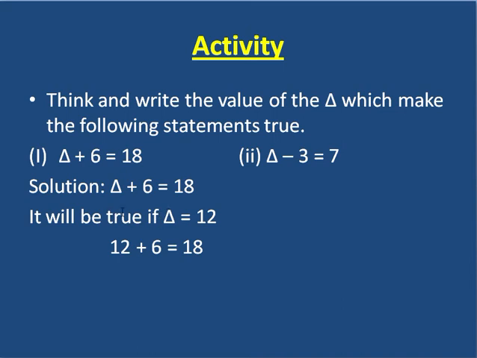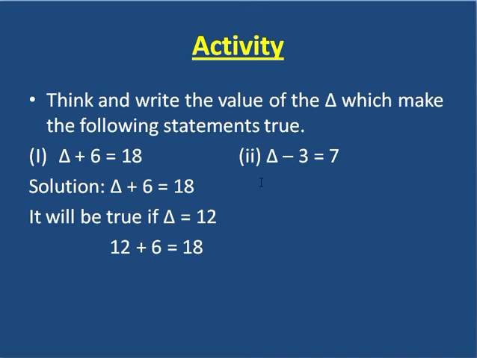Can you guess? Yes. At this blank space, number 12 will come, and 12 plus 6 equal to 18. So if we replace this blank space by 12, we can make this statement true. 12 plus 6 equal to 18.